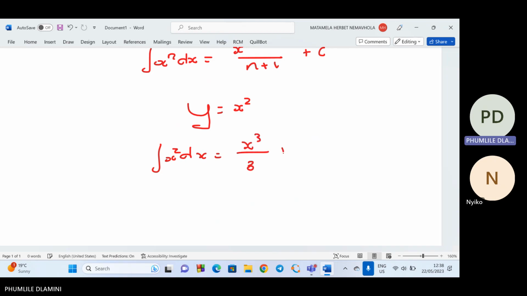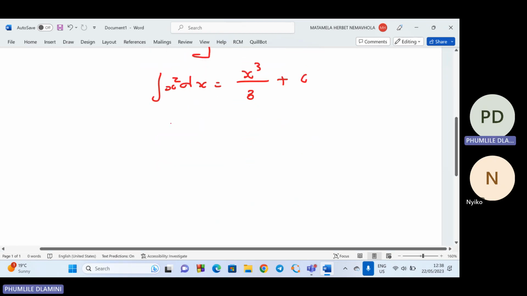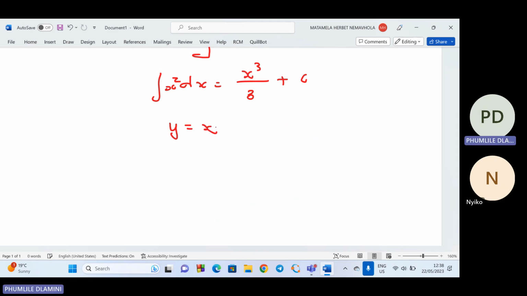Sometimes when we work with integration, you can have the equation y equals x to the power 3 plus 2 x squared, maybe plus 1. When we integrate this, which is the integral of x cubed plus 2x squared plus 1 dx, we can break it into parts.